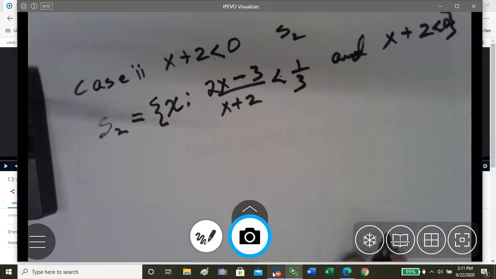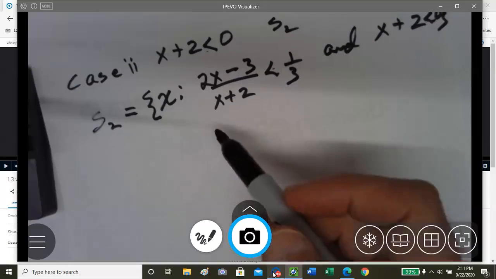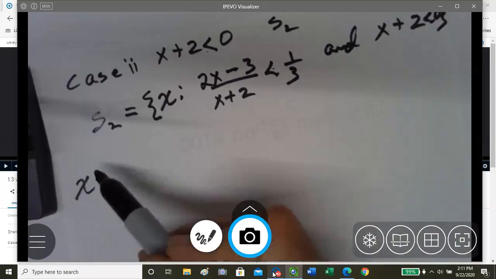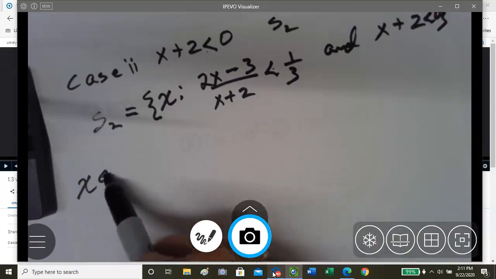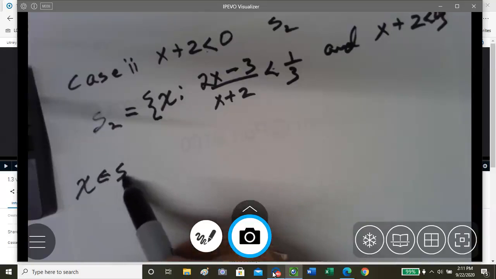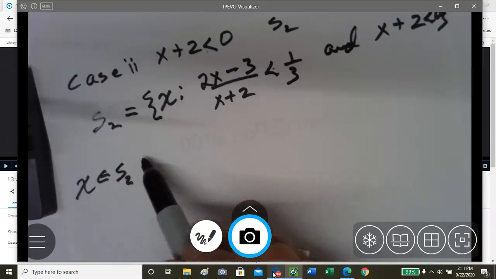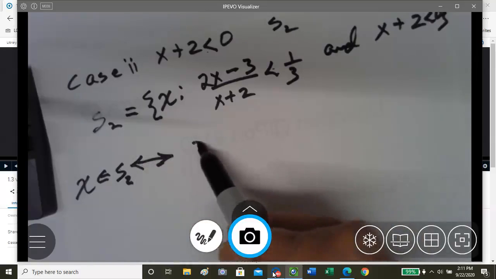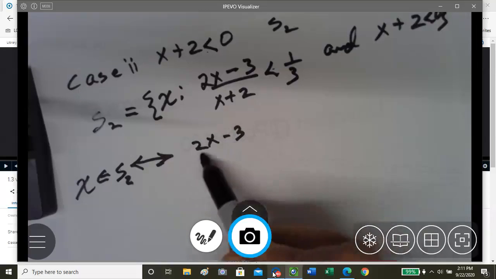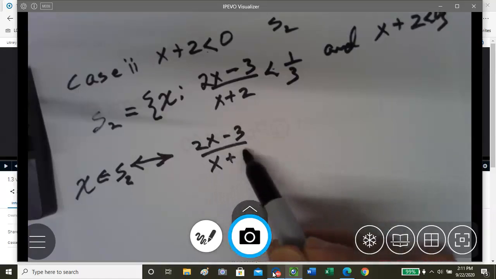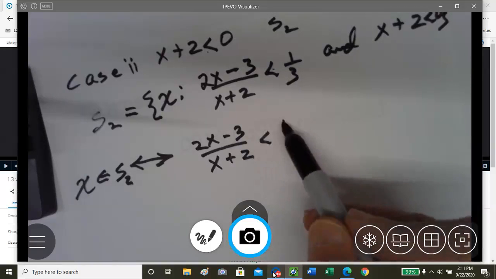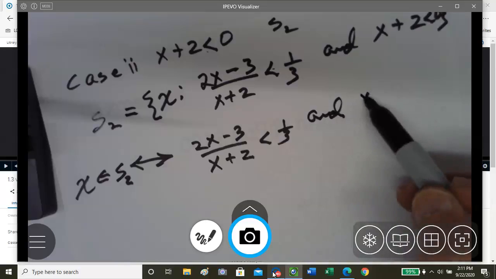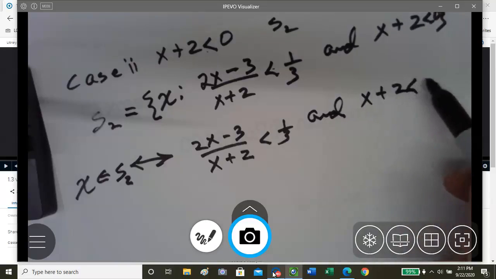Close that curly bracket. Okay, so from here we're saying x is an element in set 2 if and only if (2x - 3)/(x + 2) is less than 1/3, and x + 2 is less than 0.